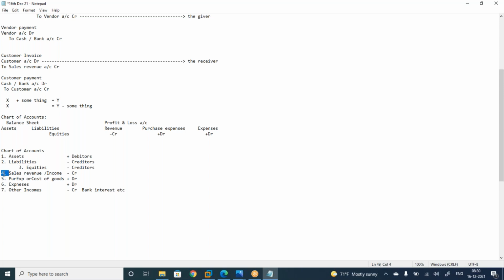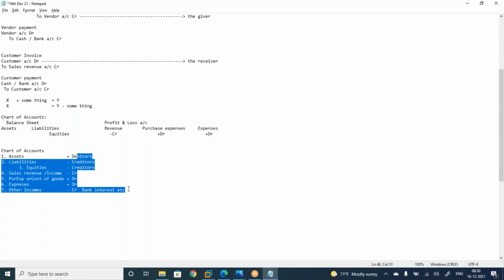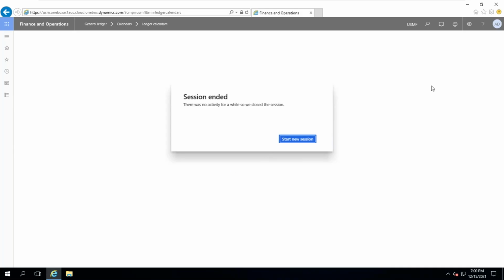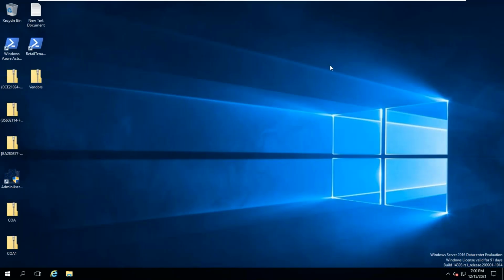Yes, you need to proceed as they say, but for learning purpose, try to remember this sequence. 1 assets, 2 liabilities, 3 equities, 4 sales revenue, 5 cost of goods or purchase expenses, 6 expenses, 7 other incomes. Okay, let me show you quickly in the system where it is available.